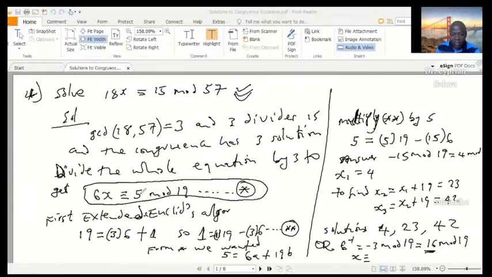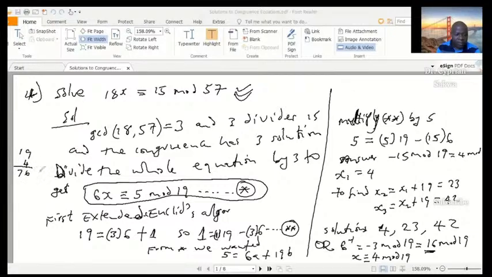80 mod 19, what will be the remainder? The remainder will be 4. Because 19 goes into 80 4 times, giving 76.